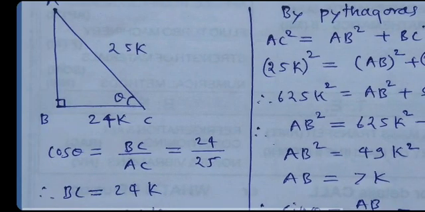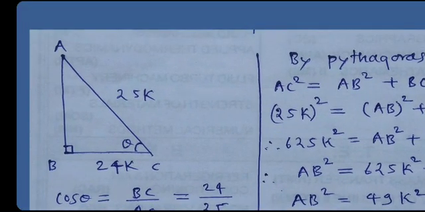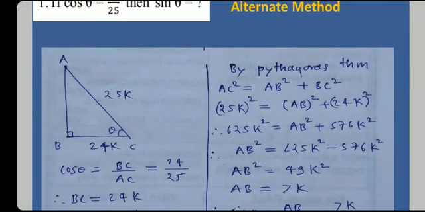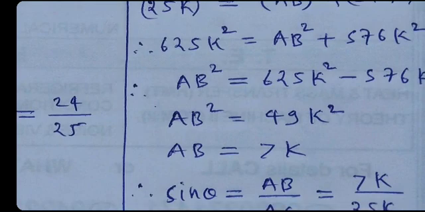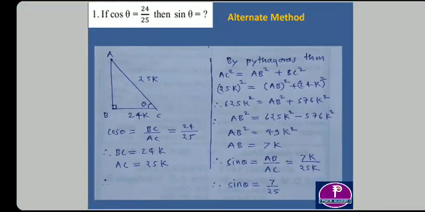Then we will get AC square is equal to AB square plus BC square. So put the values here. Then, after adjusting terms, we get AB square is equal to 49K square. Then take the square root. AB is equal to 7K.